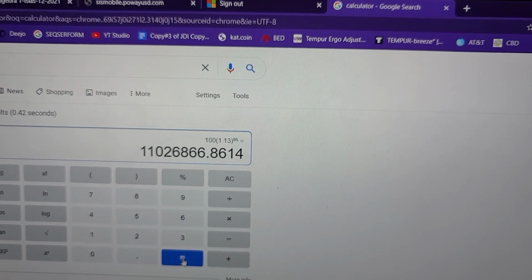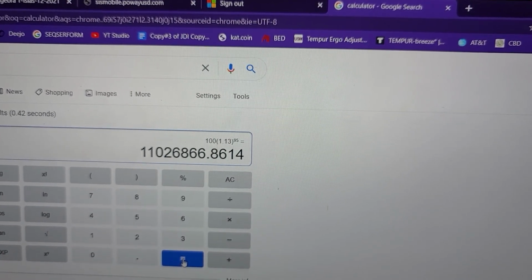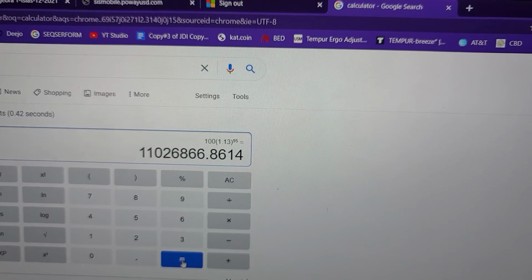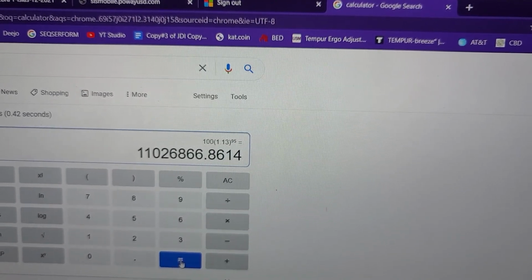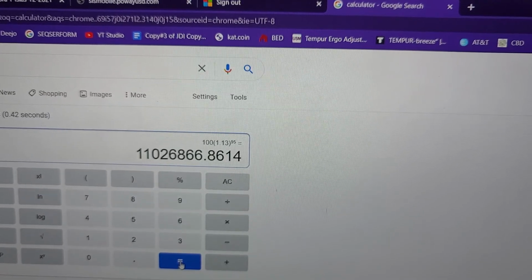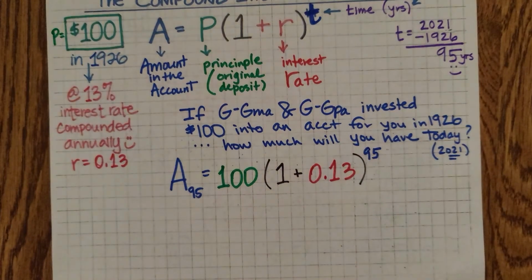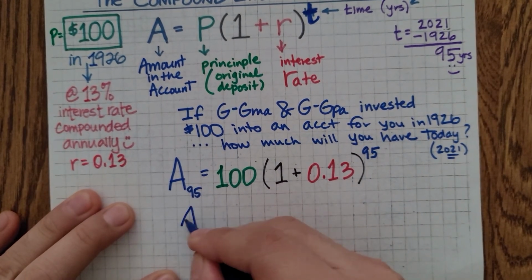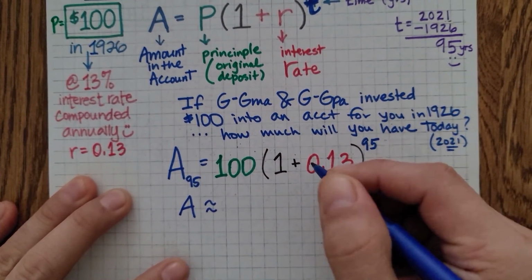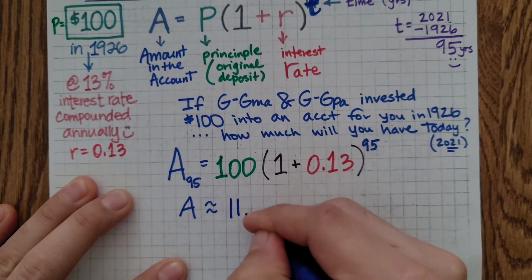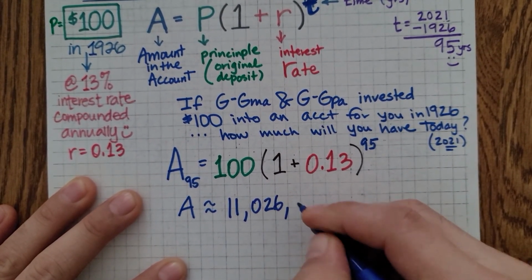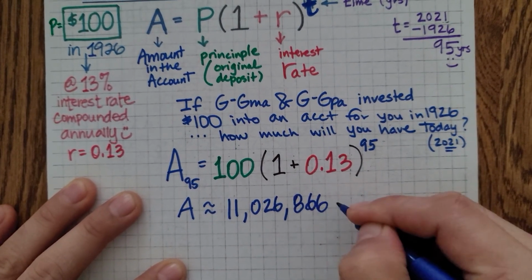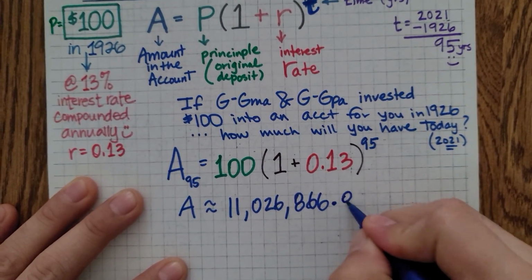Because I know some of you ain't going to believe this. 11,026,866.86. Let me write that down. So this amount will be rounded off to $11,026,866.86.